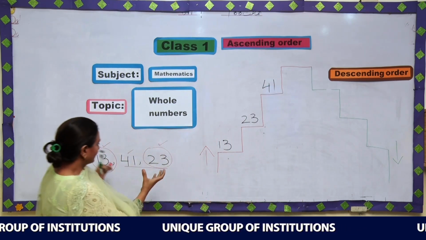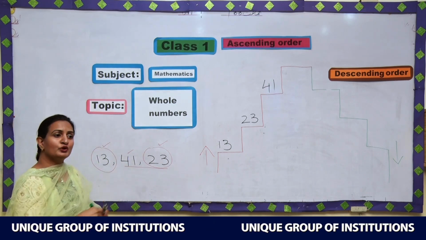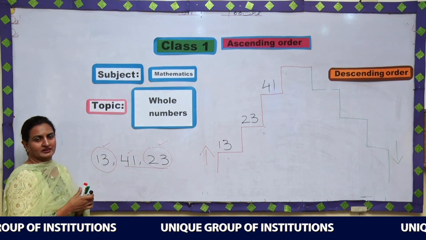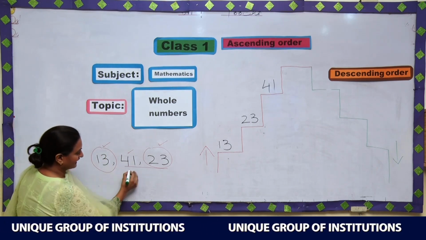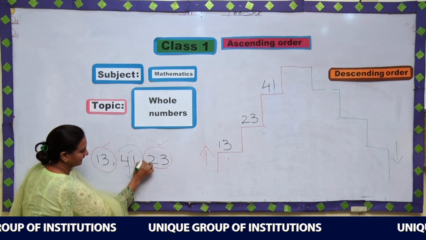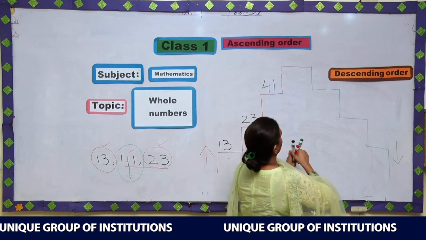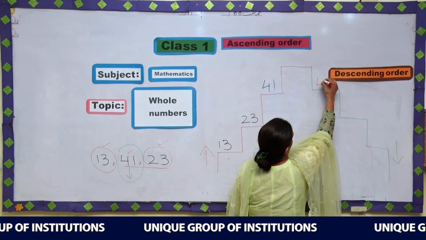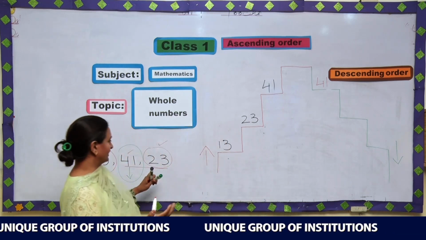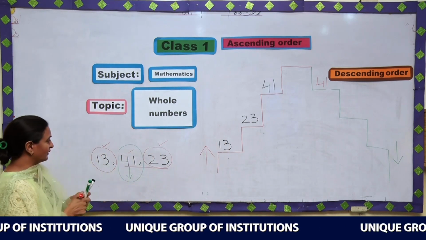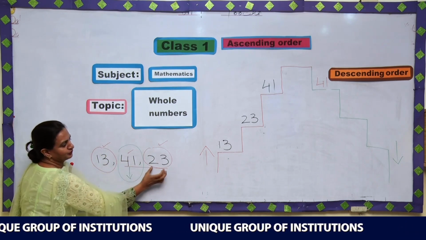Now we will discuss these numbers in descending order. How do we put these numbers in descending order? We start from the greatest number. Definitely 41 is the greatest number, so we put 41 here. Then after 41, which is the greater of 13 and 23?